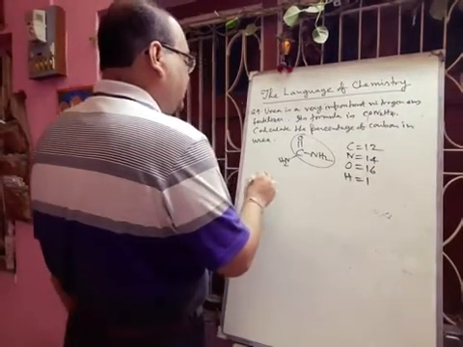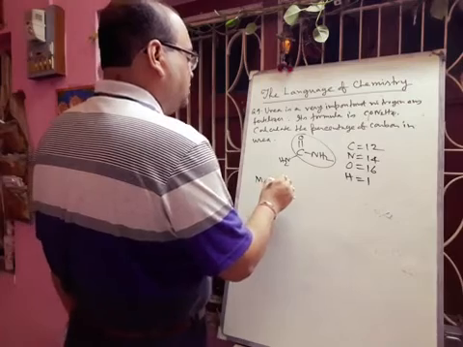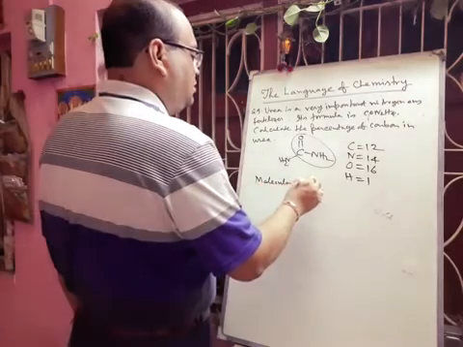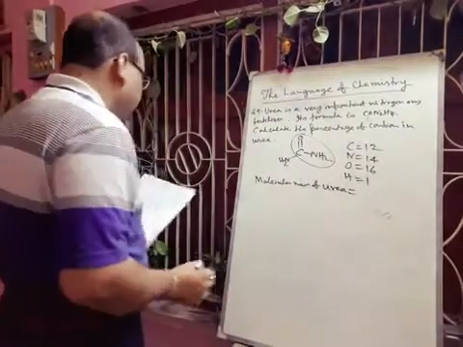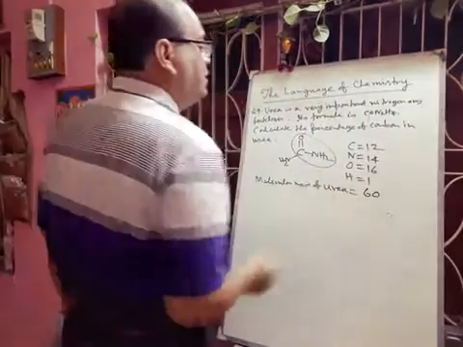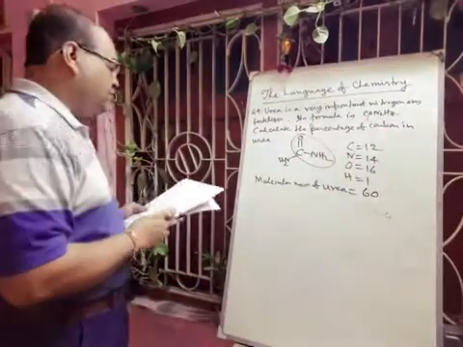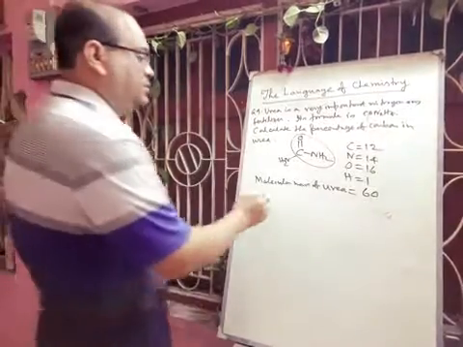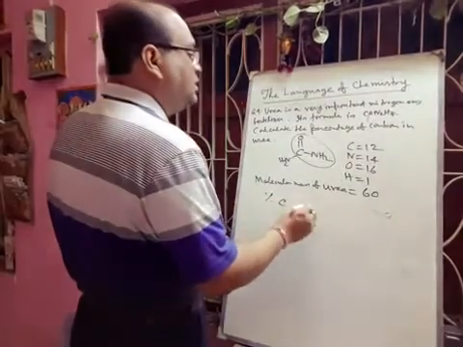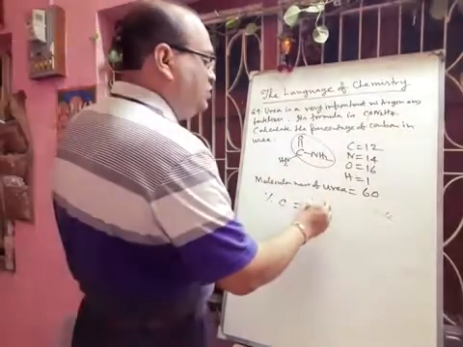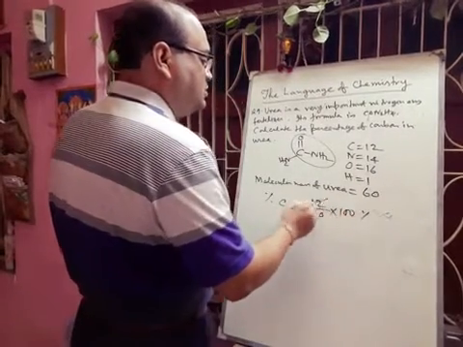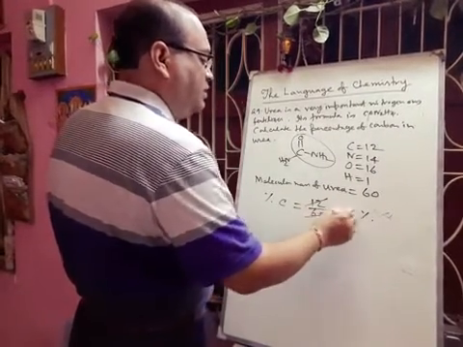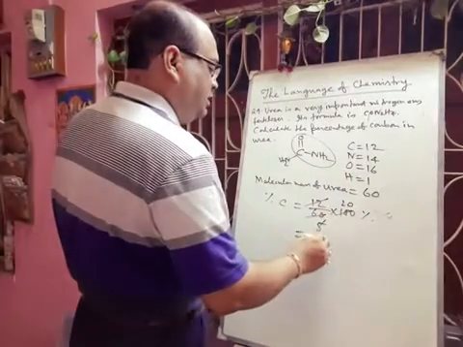If you calculate the molecular mass of urea, you will get 60. Then what will be the percentage of carbon? Only one carbon atom is there, that is 12 by 60 into 100%. Cutting by 5, it is coming to 20%.